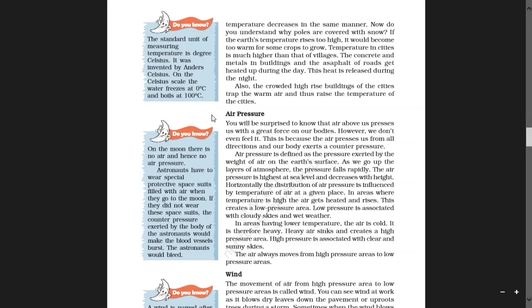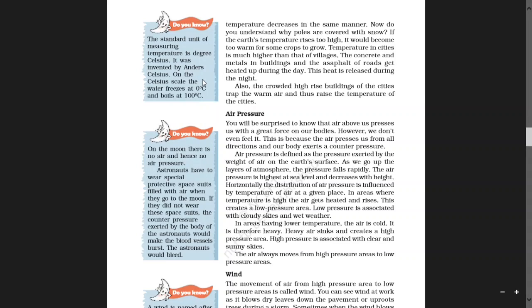Again, have a look at the left margin of this page. Tick mark this one and learn it by heart, boys. The standard unit of measuring temperature is degrees Celsius. If anybody asks what is the standard unit of measuring temperature, you have to say it is degrees Celsius.